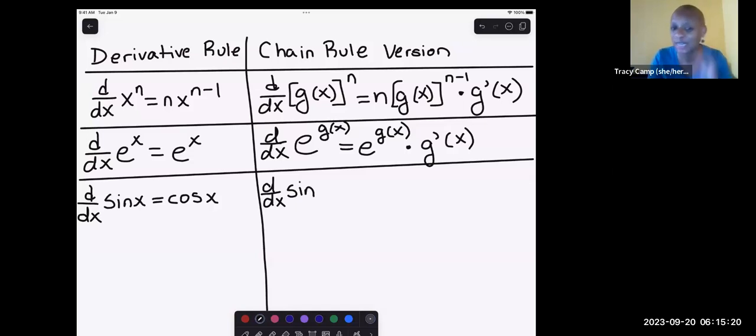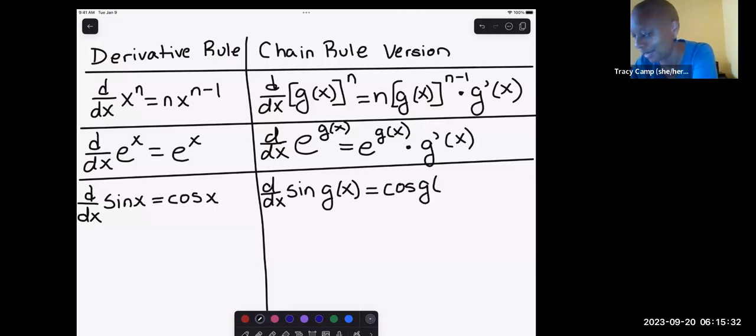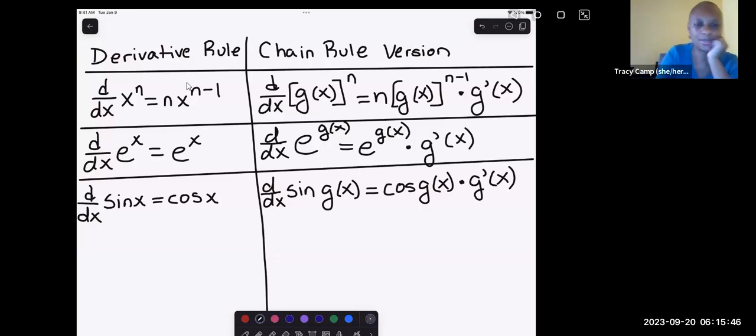You use the chain rule whenever you have something other than just an x there. So it'd be sine of g of x. And the derivative would be cosine of g of x, but then because I don't just have an x there where I would normally have an x, I have to multiply by the derivative of that function that's there instead of the x.